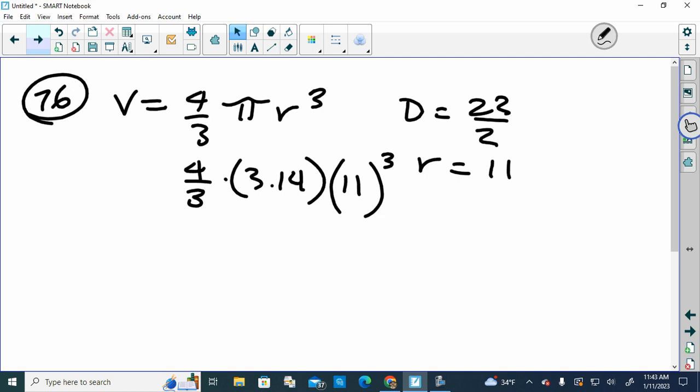So you're going to go 4 times 3.14 times what 11 times 11 times 11 is. What is it? 1,331. Then you're going to go this times this times this, and then divide by 3.